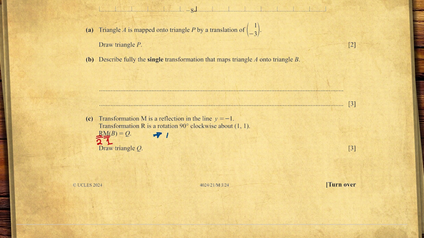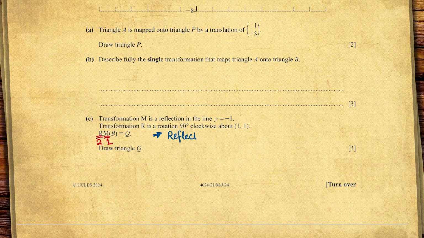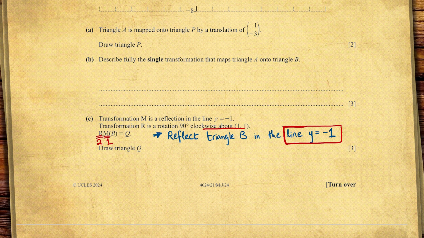So the first thing that we need to do is apply transformation M on triangle B. But we know that transformation M is a reflection in the line of y is equal to -1. That means first we need to reflect triangle B in the line y equals -1. So the line of reflection is y equals -1, and the triangle on which this reflection is applied is triangle B.